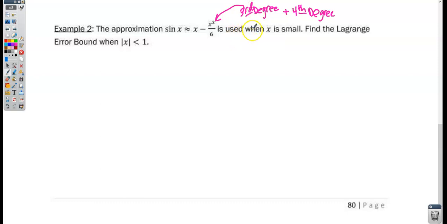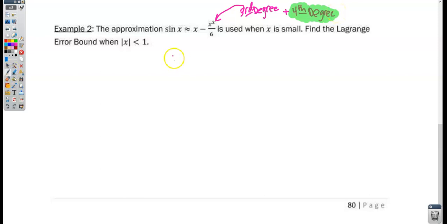And so we are always going to opt to get the tighter window of error here for ourselves. It's most appropriate for us, instead of finding the third degree error bound, to find the fourth degree error bound here.